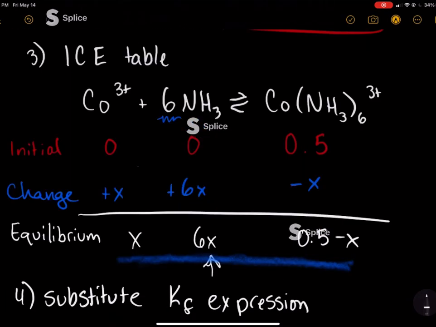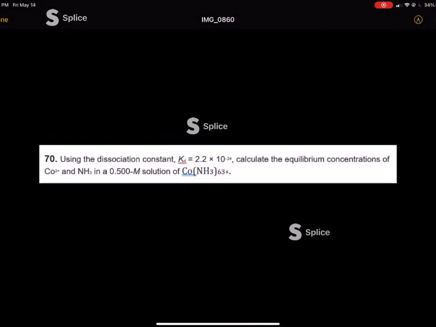We have to go all the way back to our original equation. Let's find the number of sig figs. We have 3 sig figs in 0.500 molar.